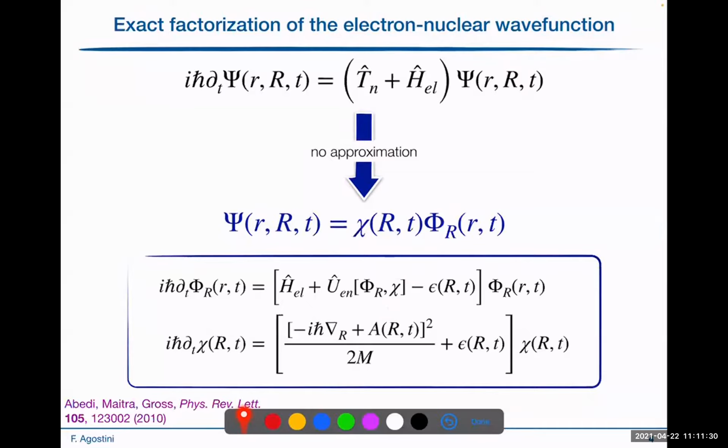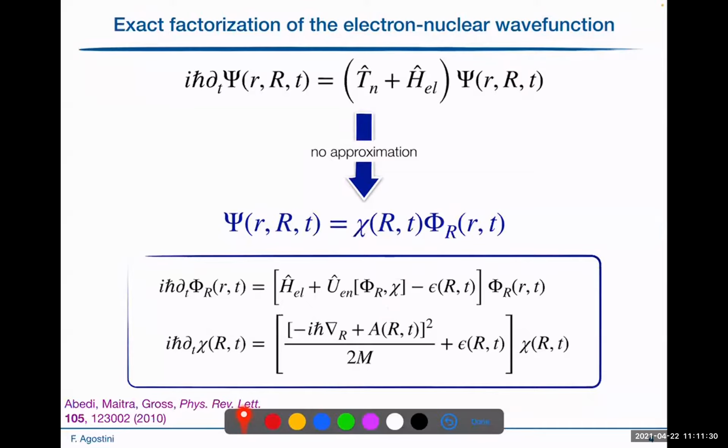So now just a few words on the Born-Oppenheimer approach. Born-Oppenheimer tells us how to approximate the molecular wave function as a single product by assuming the adiabatic approximation, so by assuming the adiabatic separation of time scales of electronic and nuclear motion. The nuclei being much heavier than the electrons, they move slowly, and the electrons, being much lighter, can adapt almost instantaneously to the new configurations of the nuclei, and therefore always occupy the same eigenstate.